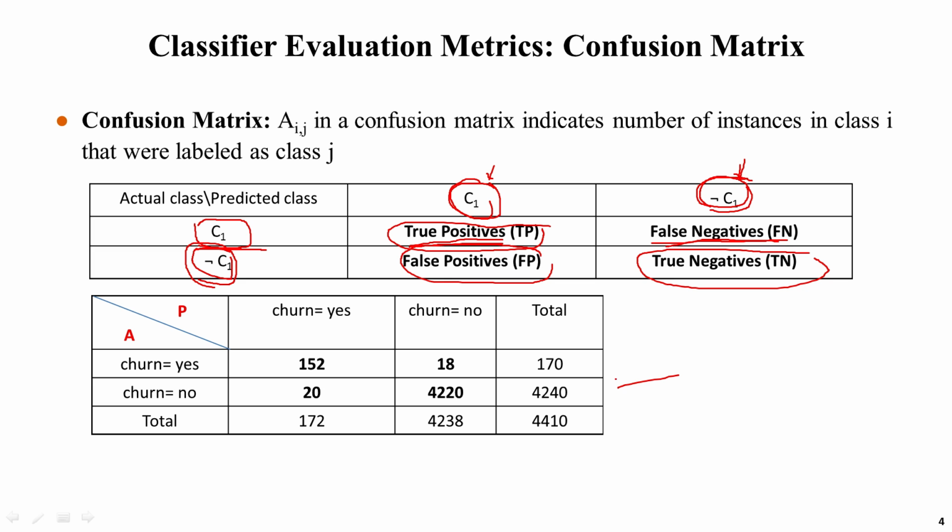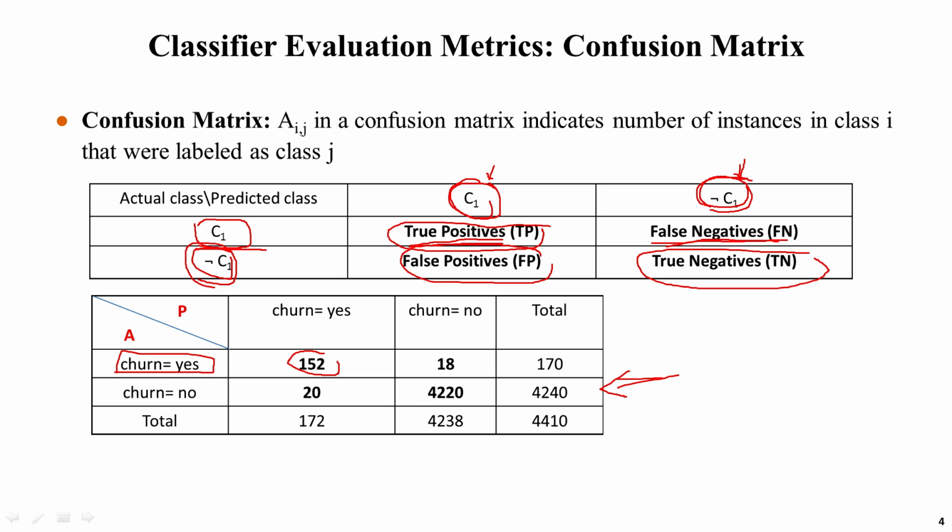An example is here. This example shows the confusion matrix of a model classifying customer churn either yes or no. So there are 152 instances from churn equal to yes.